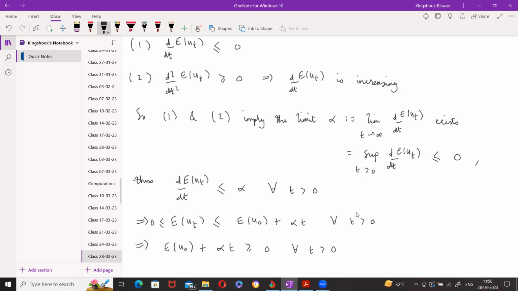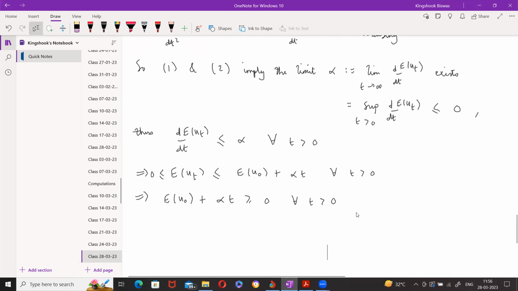So if alpha is strictly negative, then this left-hand side tends to minus infinity. That's a contradiction. So alpha has to be 0. You can also see it like this: take this to the other side, so alpha is greater than or equal to minus the energy of u_0 divided by t, and this tends to 0 as t tends to infinity.